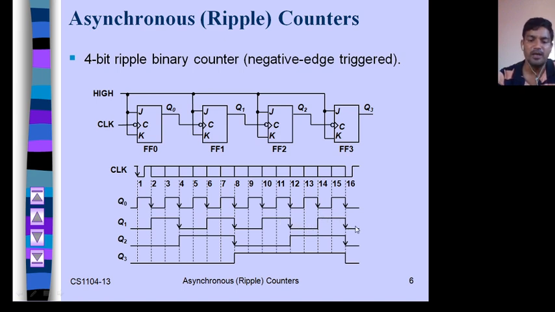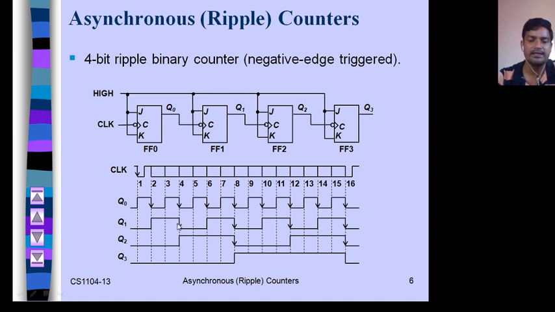Okay, now this again using negative clock pulse, and Q1 is connected to this clock input. So now it will work as clock pulse for this Q2. Means for Q0 clock is input, for Q1 Q0 is working as a clock. Now for Q2 Q1 will work as a clock.